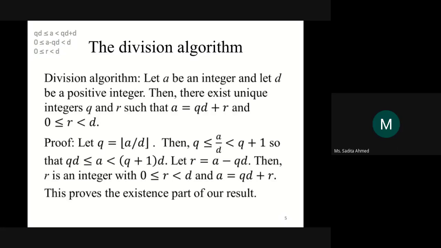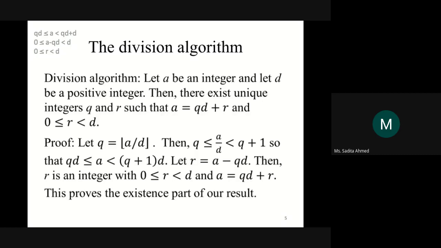So q will sometimes be equal to a by d. When? When the result is an integer, the quotient will be equal to a by d. So that's one possibility.